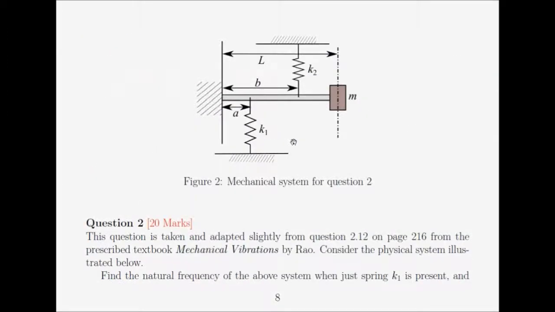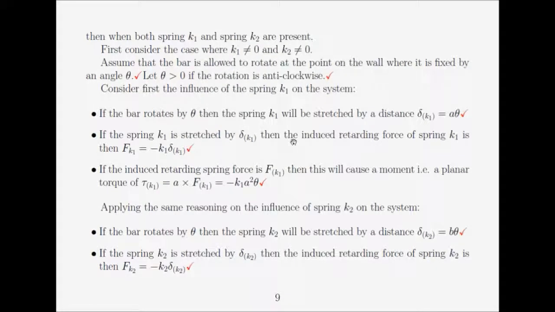So how do we analyze the system? The simplest way of analyzing it is to assume both springs are present, and in the particular case where one spring is absent, simply set that spring to be 0 and then see what happens. So we're going to consider the general case where K1 is not 0 and K2 is not 0.